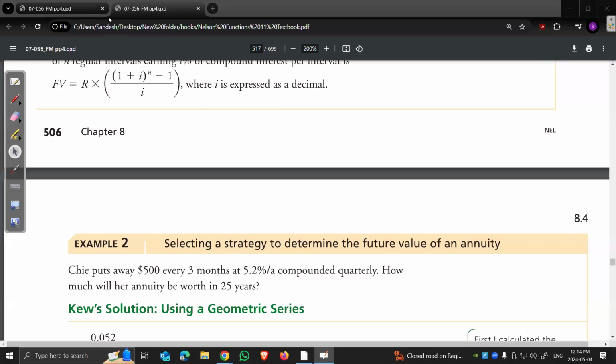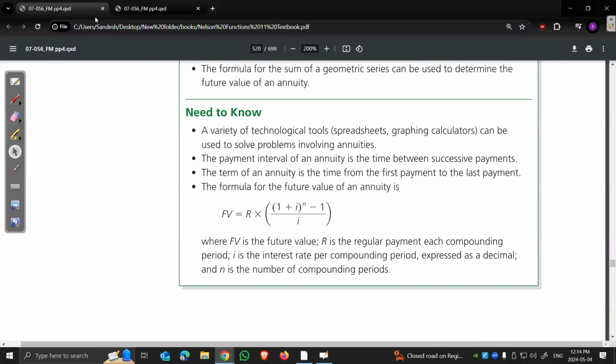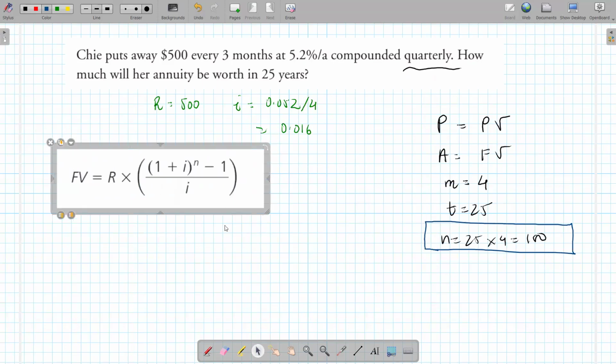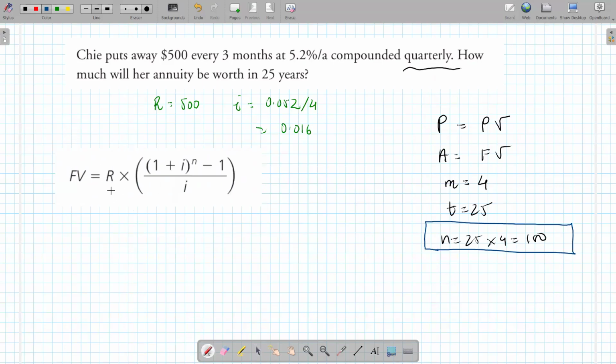The formula for this is right here. Because this question's asking us for future value, we're going to be using this formula. And for the most part, it's pretty simple. It's just a plug and chug.